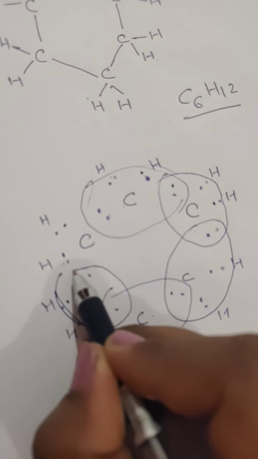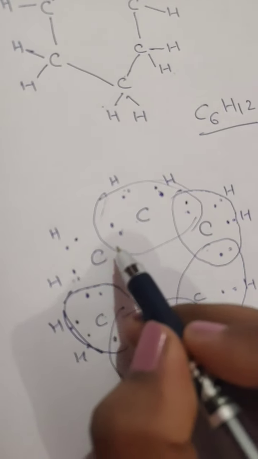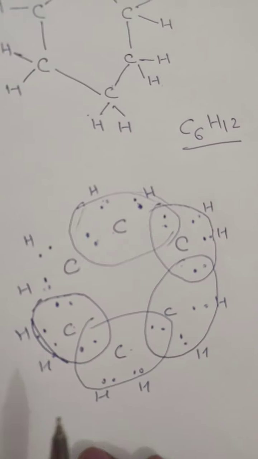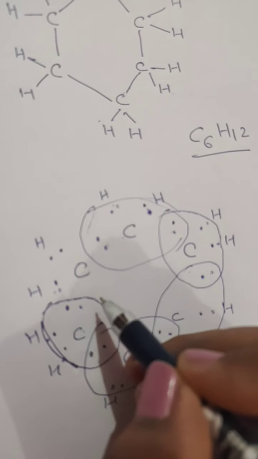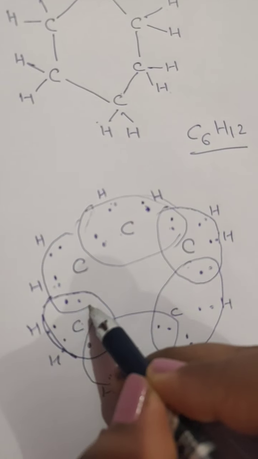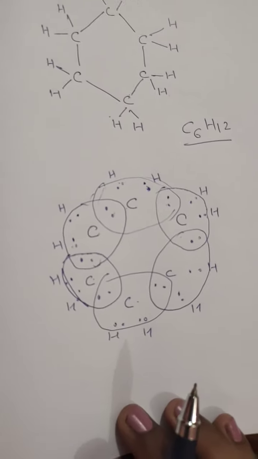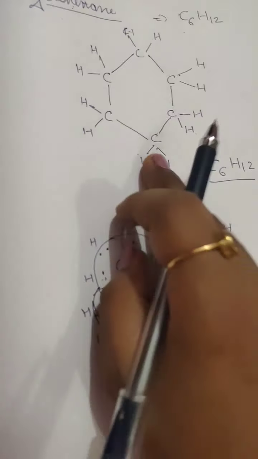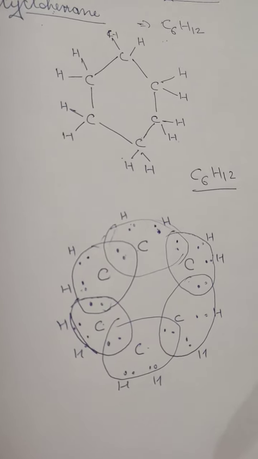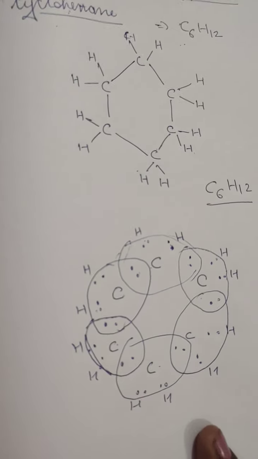This is also having 1, 2, 3. Okay, so this is the structure of cyclohexane. You can either draw this or this, it will be better for you. This is just to understand. So each carbon is having 8 electrons now. So this is a ring-like structure which is called cyclohexane.